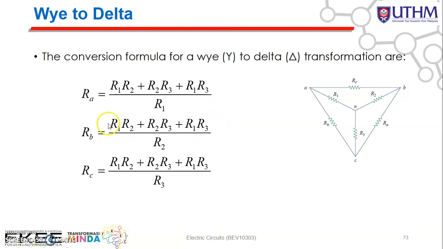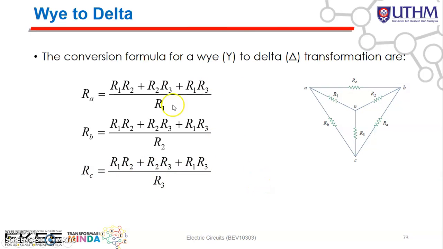For the numerator, the upper side remains the same for each of the formulas. Here you have R1, R2 plus R2, R3 plus R1, R3 over R2 for RB. For RC, the C point is connected to R3, so for RC your denominator is R3. So that's how you memorize the formula.